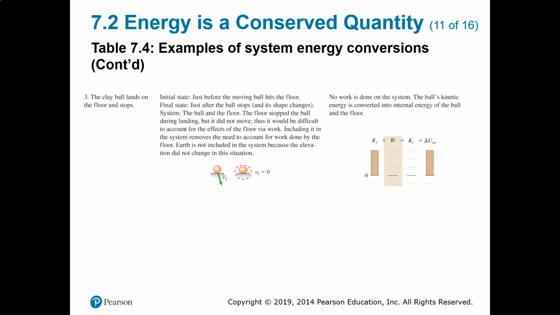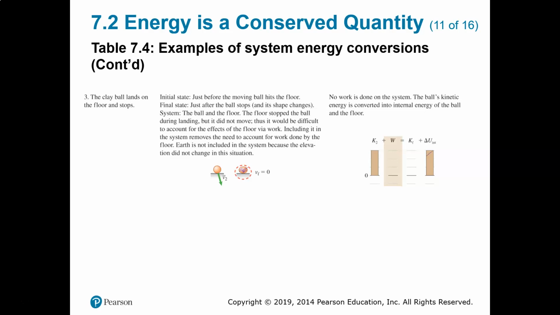So here we have the clay ball is going to land on the floor and just stop. What happens? Well, where does the energy go? There's work that is done by the floor on the ball, right? That creates the stoppage.